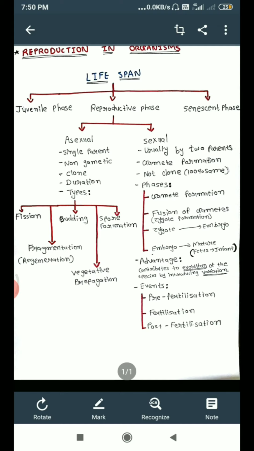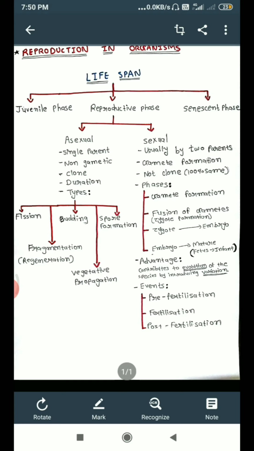So that's why I have written usually here. Second point, gamete formation, that is the formation of sex cells. Third, it is not a clone, not 100% the same. As you know, you are not 100% looking like your father or your mother, but you acquire characteristics from both the parents.